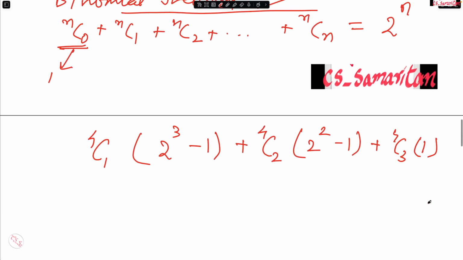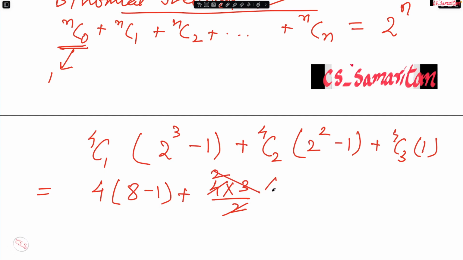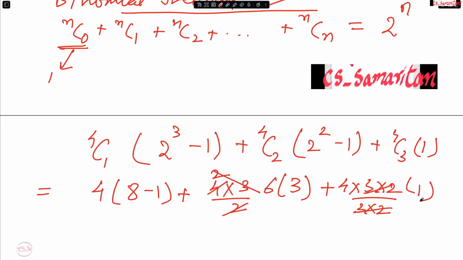Okay, then what? 4C1 is basically 4 times 8 minus 1, plus 4C2 is going to give us what? 4 times 3 by 2, that is 2 times 3, is going to give us 6 times 3, because 4 minus 1 is 3, plus 4 times 3 times 2 by 3 times 2 is 4 times 1. Okay, so let's directly add it.